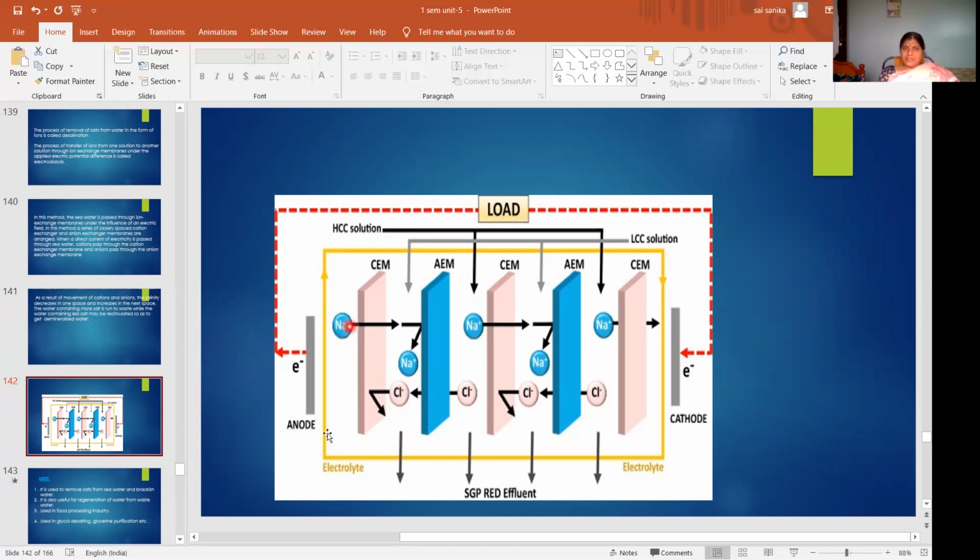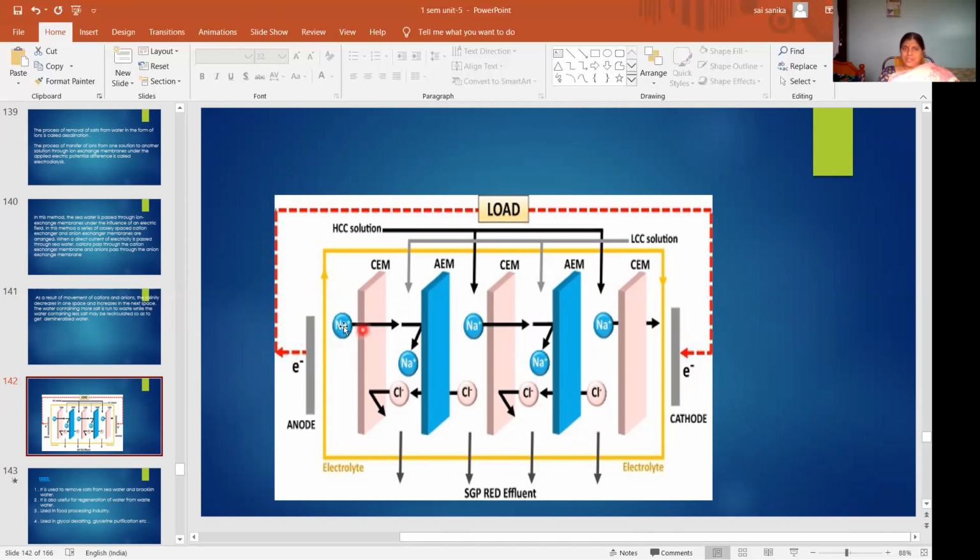Very simple, so don't get confused. Here we take differently concentrated solutions. Then we keep ion exchange membranes alternately: cation exchange membrane, anion exchange membrane, cation exchange membrane, anion. We have two electrodes, anode and cathode, and we apply an electric field, that is EMF. In the presence of EMF, the ions present in the water move to their respective electrodes, passing through these membranes.